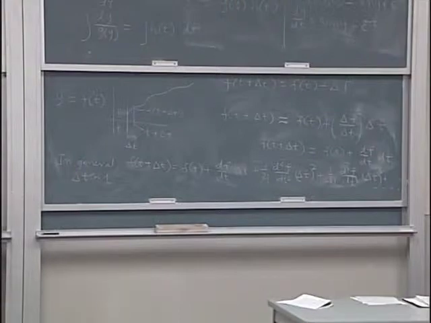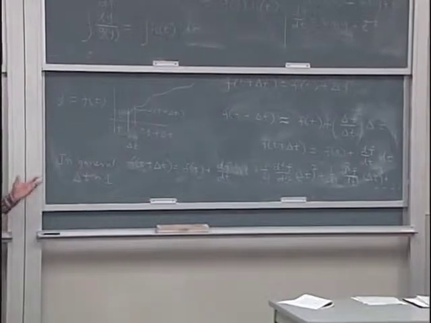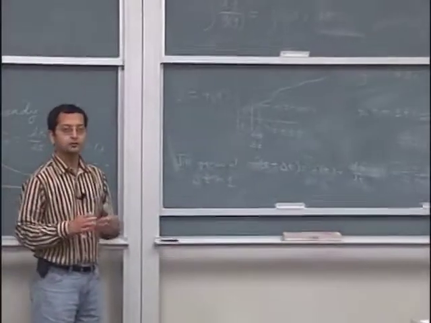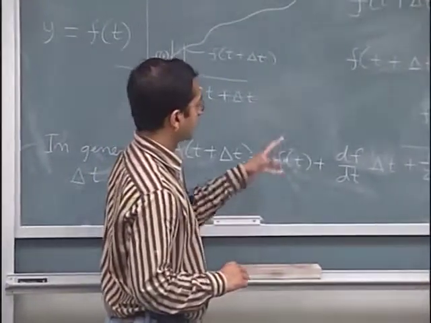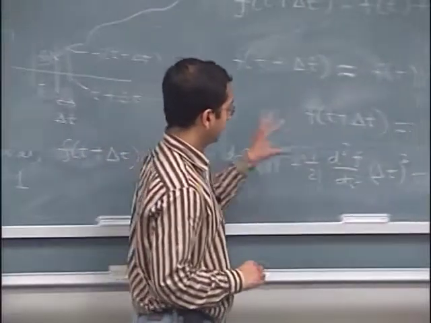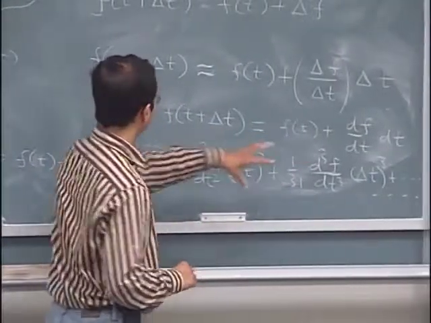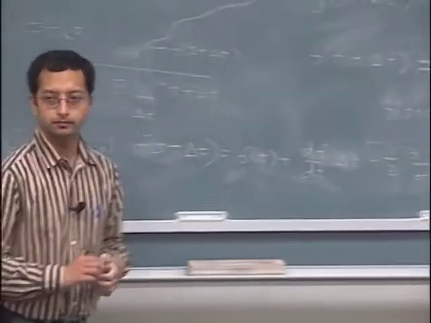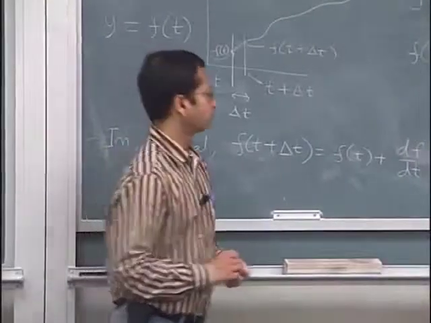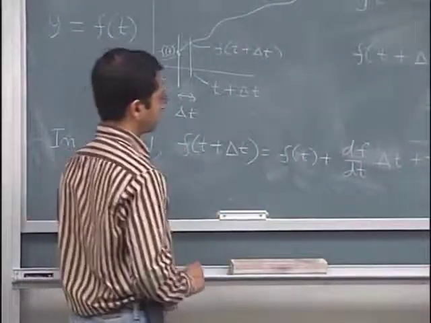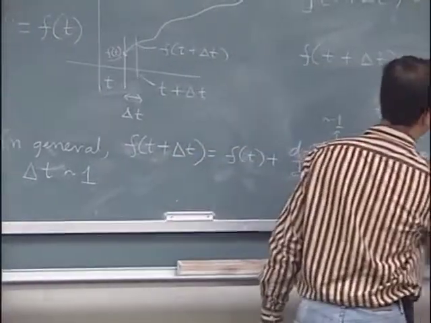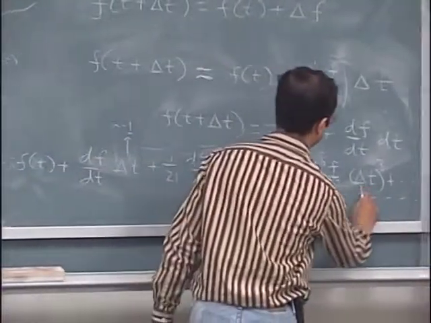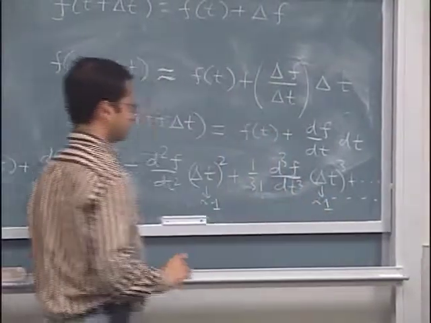Of the order 1. Delta t cube, that's also 1. And that means, can you ignore delta t square or delta t cube compared to the first order term? No, because if delta t is of the order of 1, this is also of the order of 1, this is also of the order of 1.